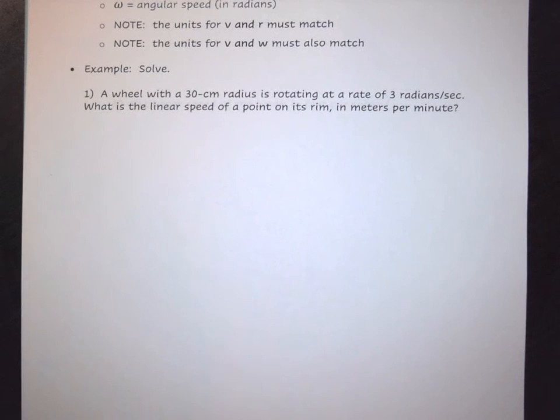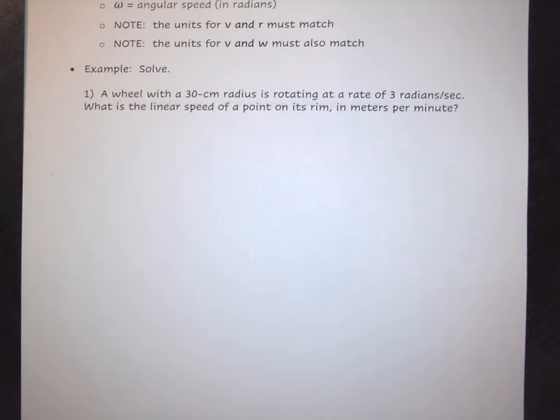Here are a couple of examples where we're going to look at how to use these formulas to calculate the information we need. Our first one says we have a wheel with a 30 centimeter radius rotating at a rate of 3 radians per second. You need to find the linear speed of a point on the rim.